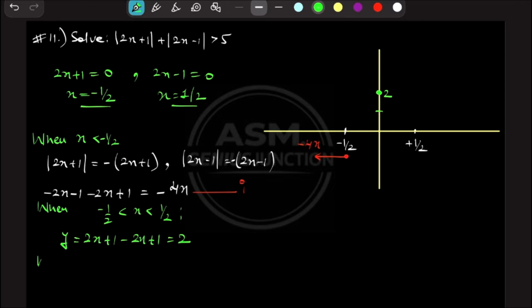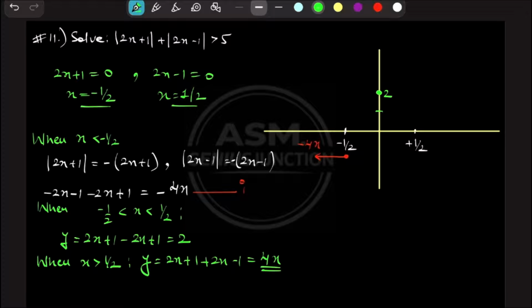Again, when x is greater than 1 by 2, obviously both of them are going to open up with a positive sign. So y becomes 2x plus 1 plus 2x minus 1. Overall I get y equals 4x. Okay, so after 1 by 2 I am getting y equals plus 4x.